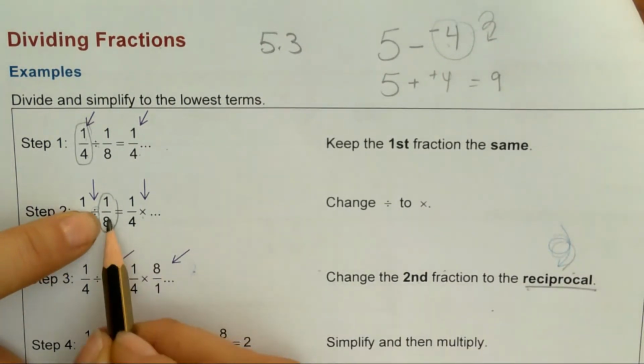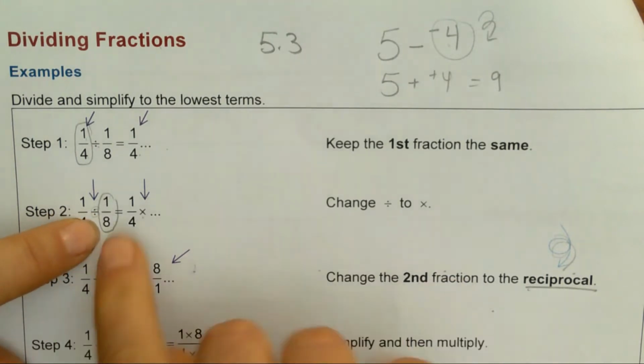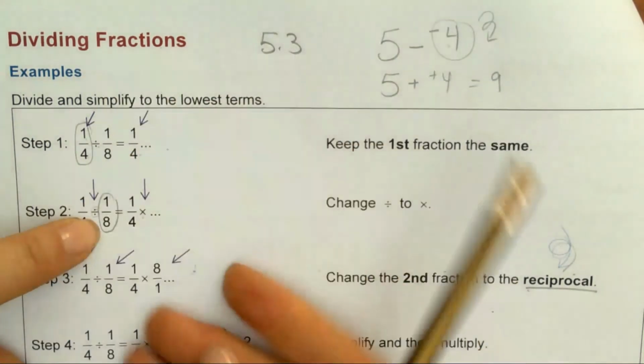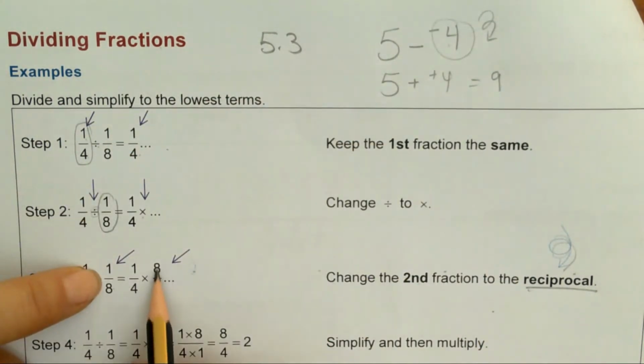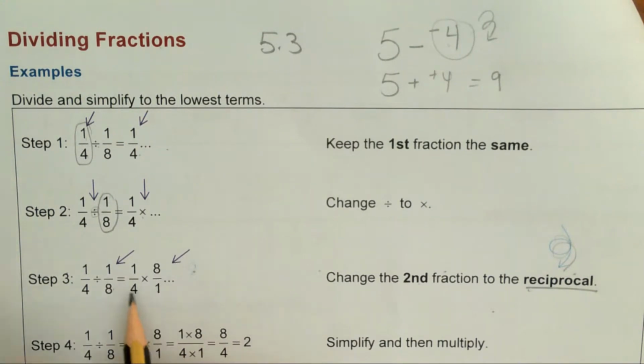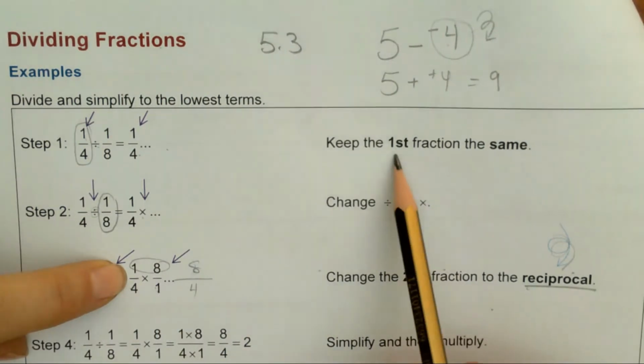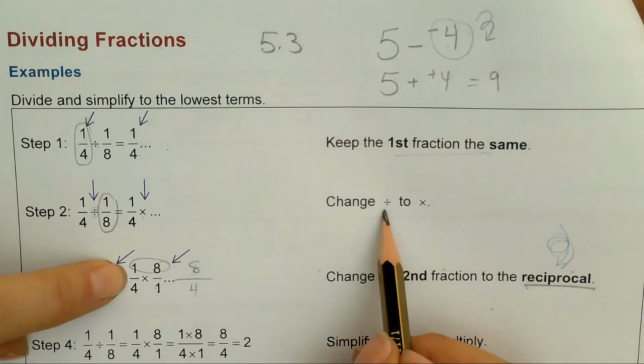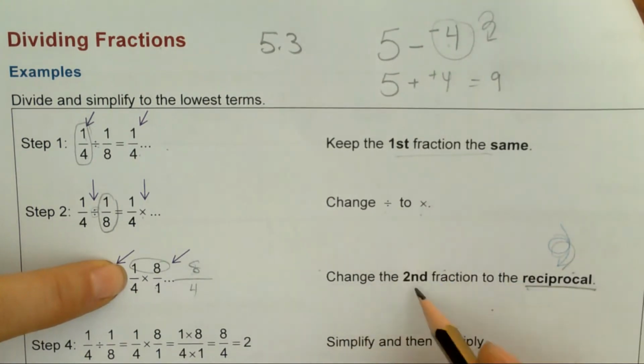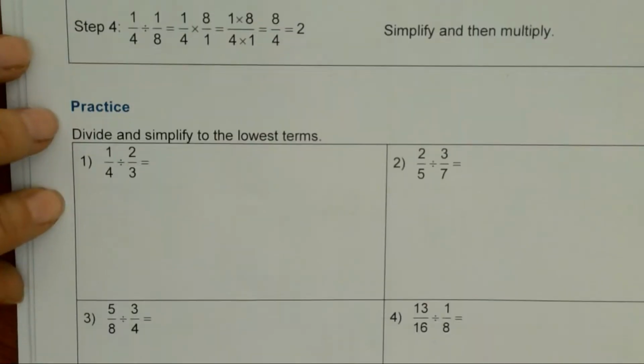So I'm going to take this fraction 1/8 and flip it upside down so it becomes 8/1. And now look, it's multiply. Easy peasy. There. So the first fraction stays the same, change the divide to multiply, and the second fraction, the reciprocal, change it upside down. So let's do a few together.